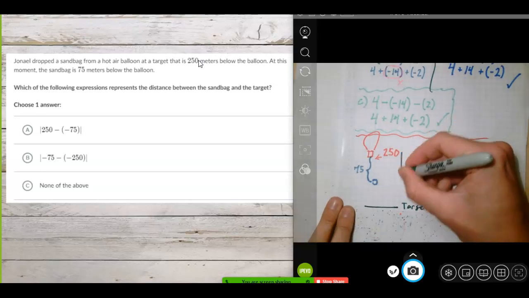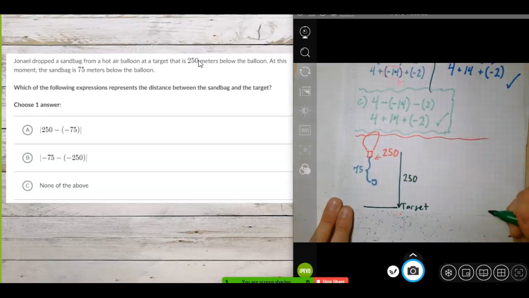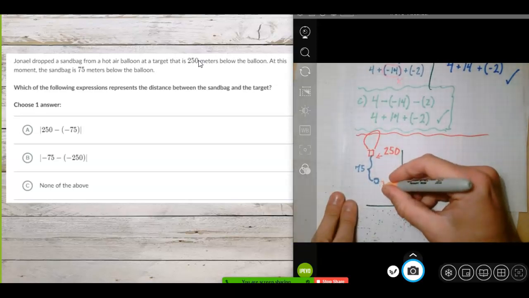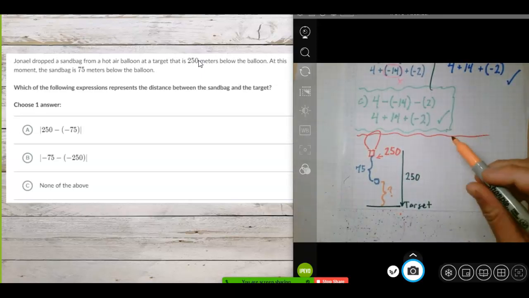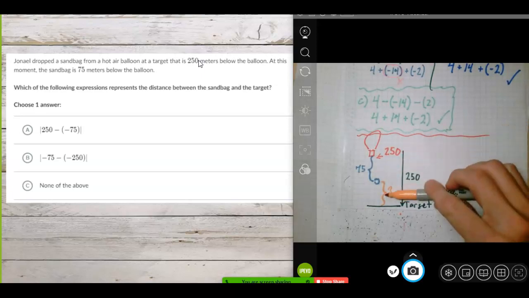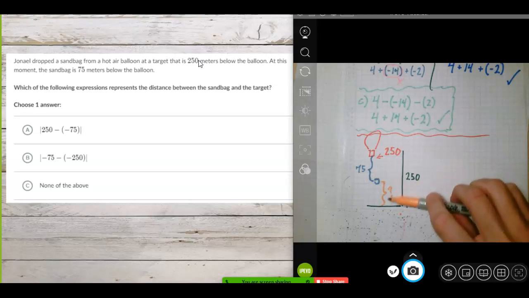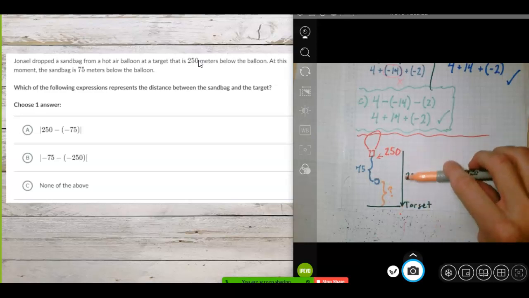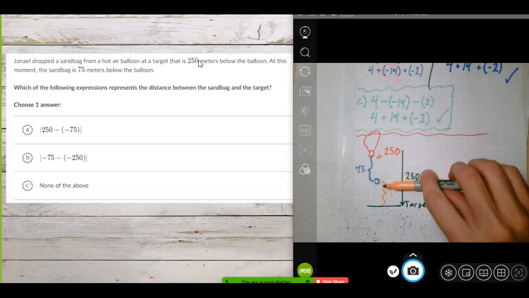The distance from here to here was 250, but they want the distance between the sandbag and the target. So they want this distance. If we want the peach colored distance, remember this is not to scale. We knew that this was 250. We knew that this was 75.